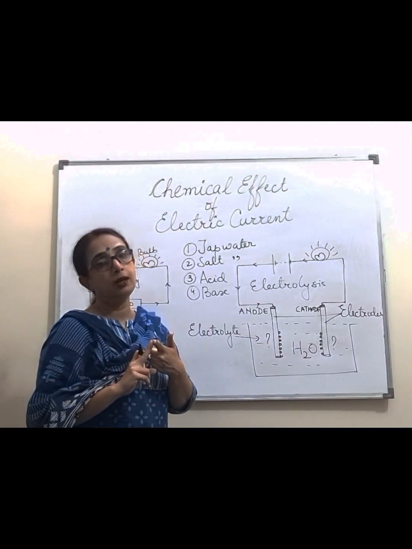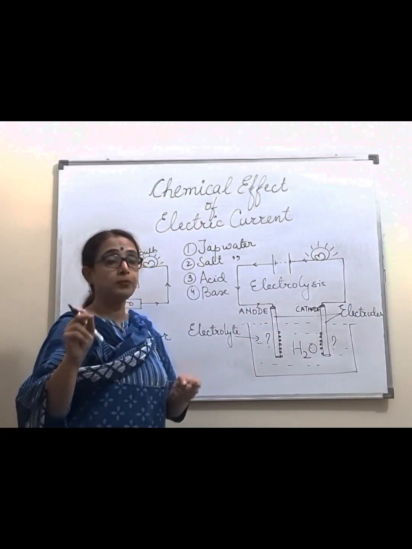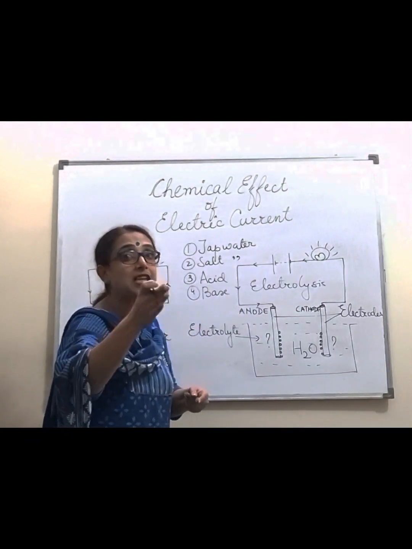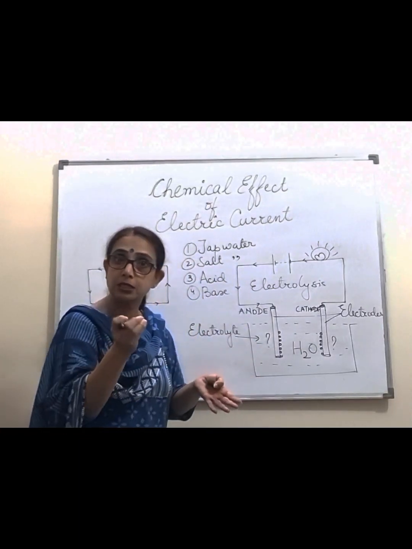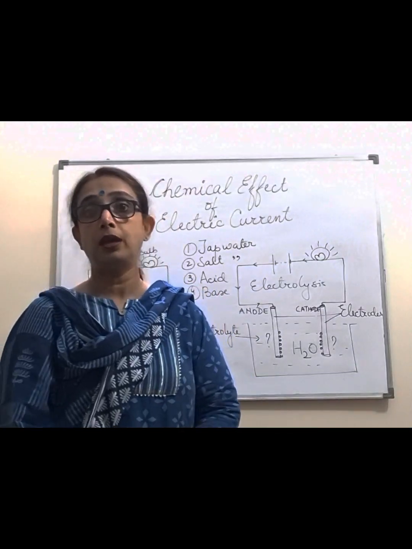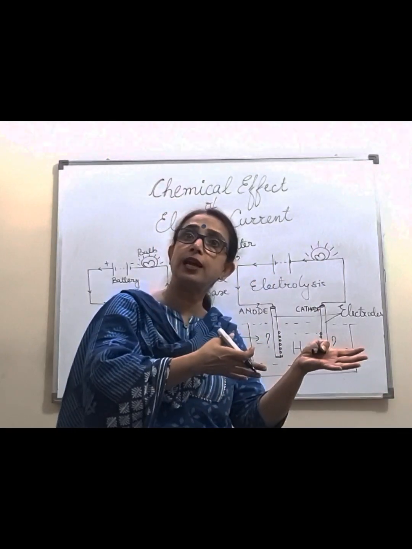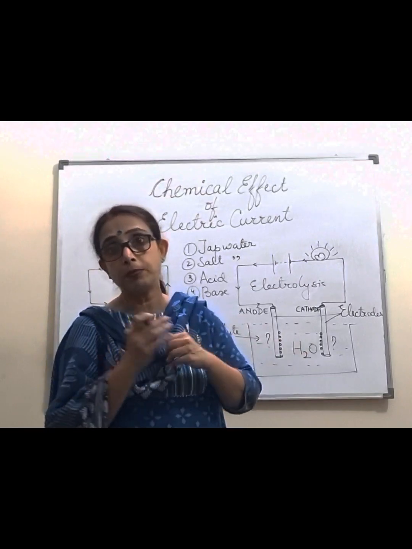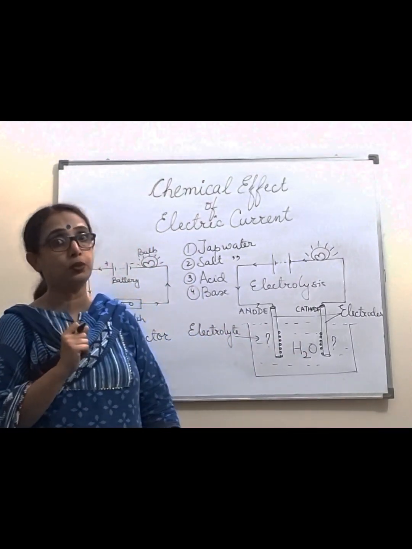William Nicholson found out that these bubbles are not exactly of water, but they are of hydrogen and oxygen gases separately. मतलब एक रॉड पे हाइड्रोजन गैस के बबल्स थे और दूसरे रॉड पे ऑक्सीजन गैस के बबल्स थे। ये कैसे पॉसिबल हुआ और हम कैसे पता लगाएं कि हाइड्रोजन गैस कौन से वाले इलेक्ट्रोड पे, मतलब एनोड पे जाने वाला है या कैथोड पे जाने वाला है? This was a question and this might be arising in your mind too.